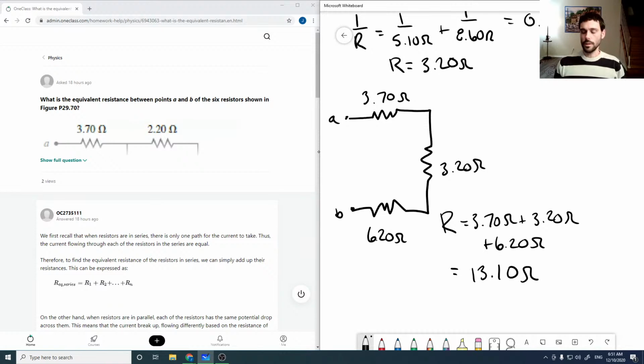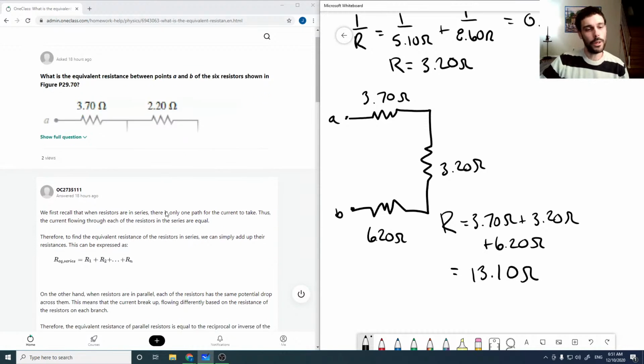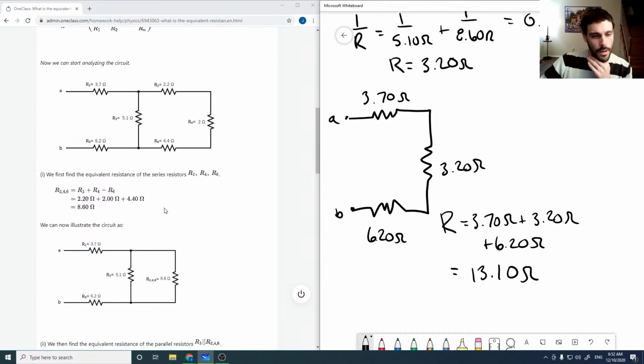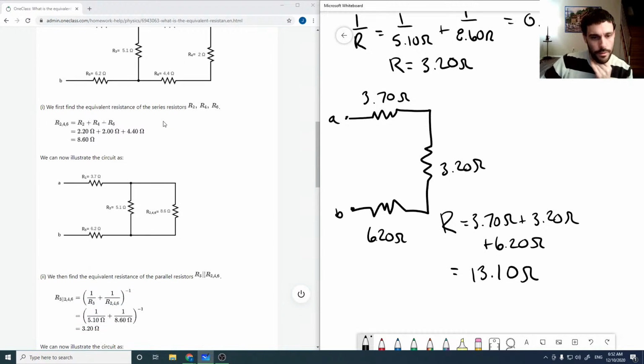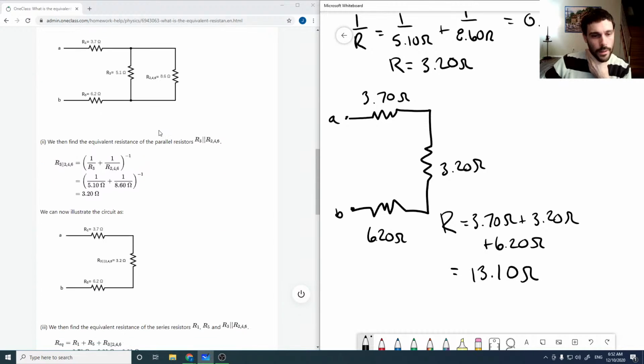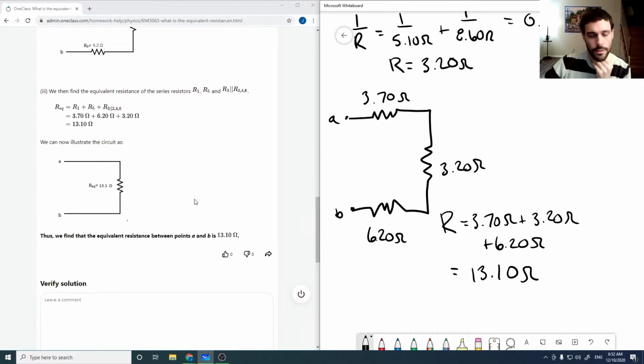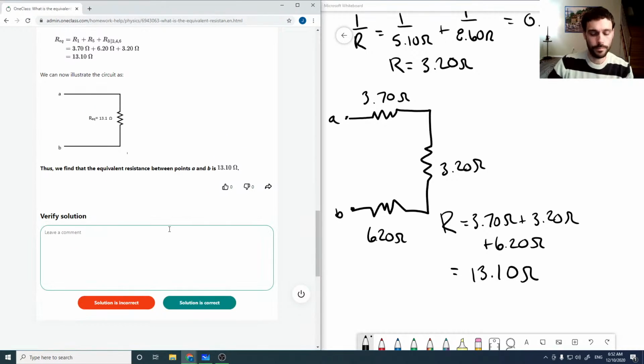So there's our total resistance between points A and B. So treat the first segment as series, then parallel, then series, and we get 13.10. So that looks good.